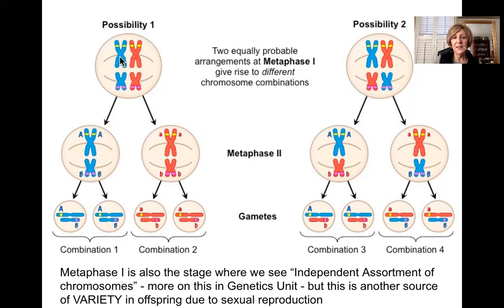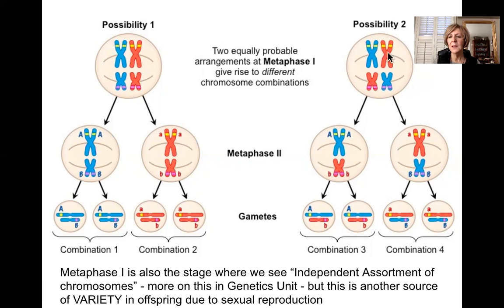I could have these homologous pairs line up this way, and then their destiny is determined by the way that they line up on the metaphase plate. This is simplified, but I could have all the blue chromosomes end up in one cell that would end up making my gametes here. Or, of course, the other possibility, I would end up with all red.